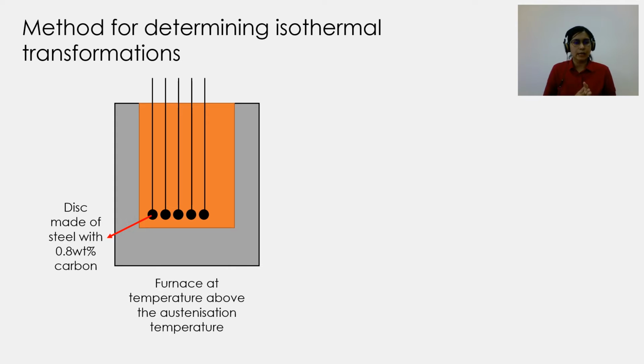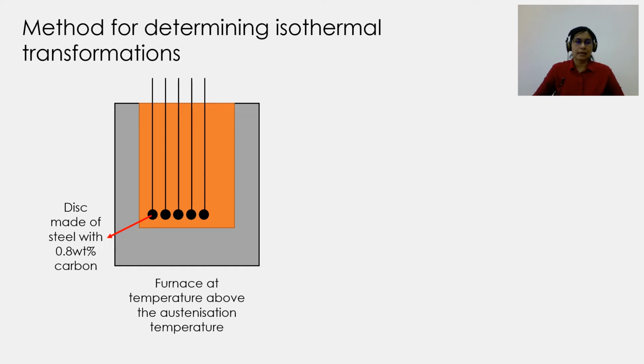For eutectoid steel, the austenization temperature is 727 degrees Celsius. At room temperature, we will have this steel with a microstructure of pearlite, which consists of ferrite and cementite phases. Above this temperature, everything will be transformed into austenite.